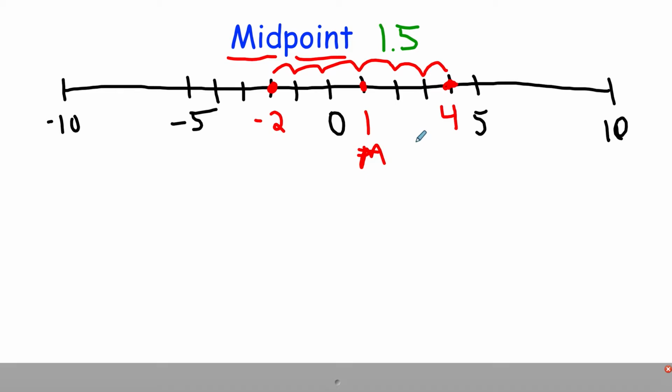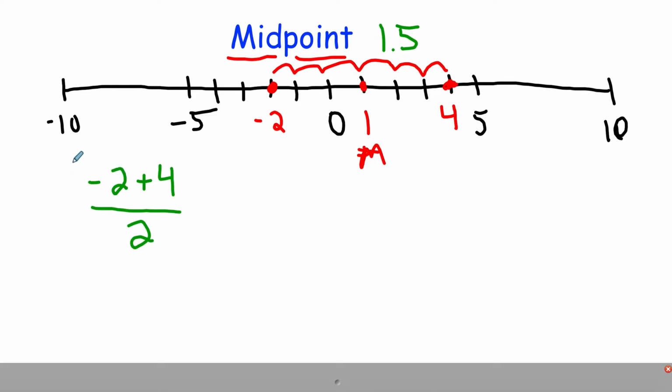Okay, there's also a way to do this mathematically. If I just take these two values, -2 and 4, and add them together and then divide by 2, this should look familiar to you. Why am I dividing by 2? Because there's 2 of these values. If I was finding the midpoint between 3 values, I could add them together and divide by 3.